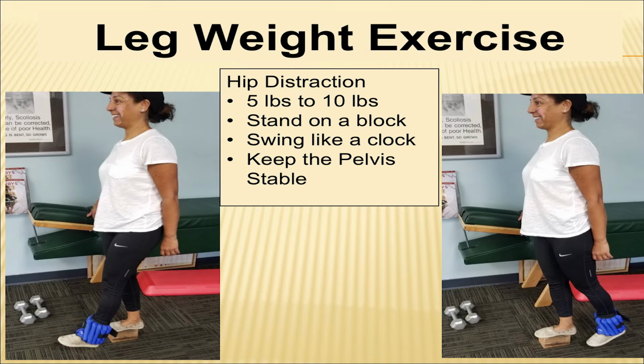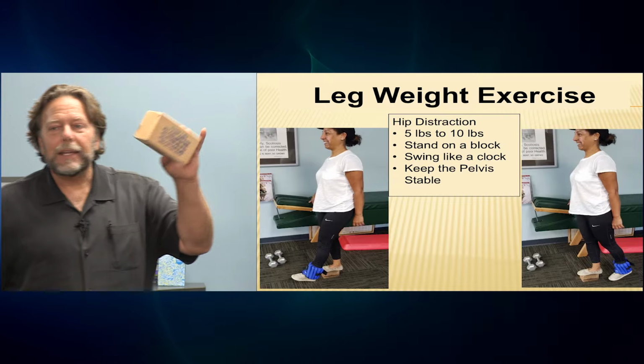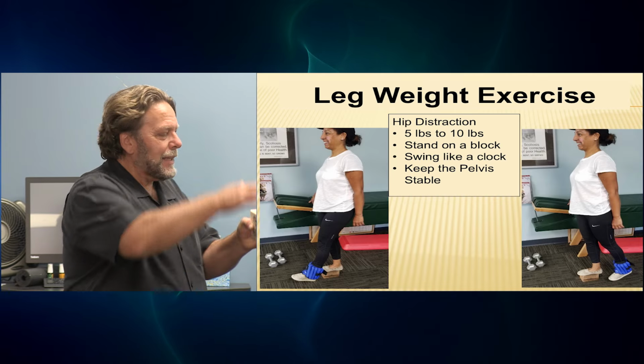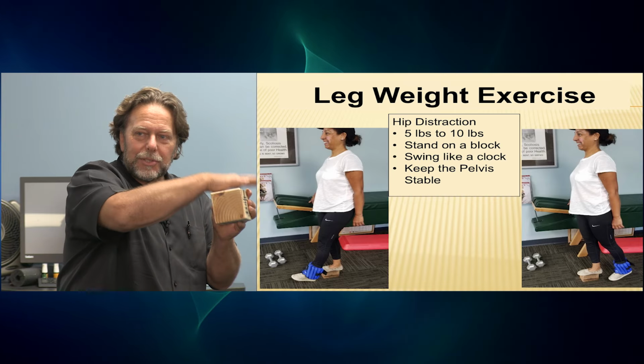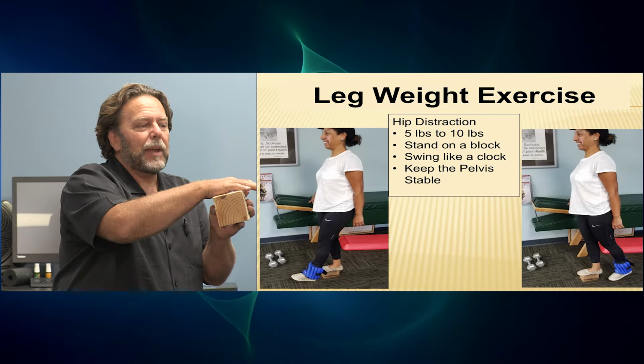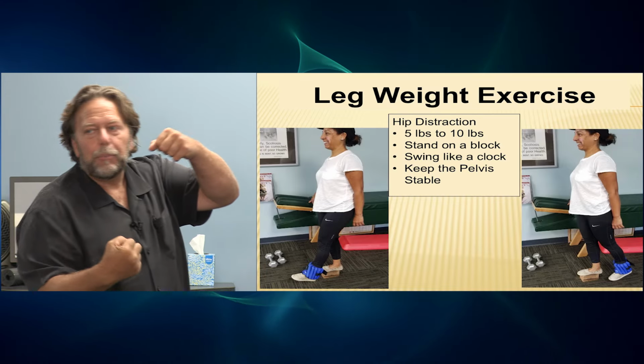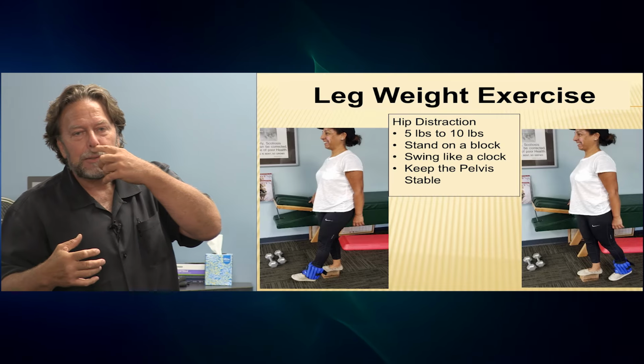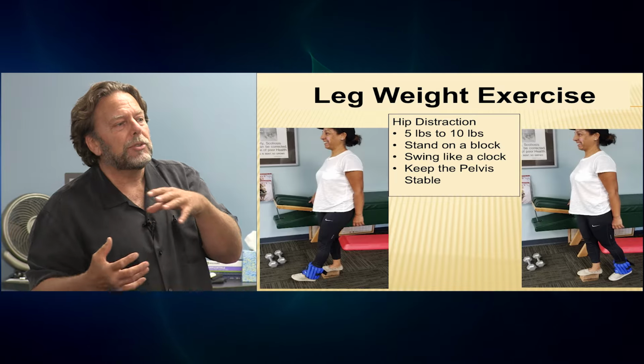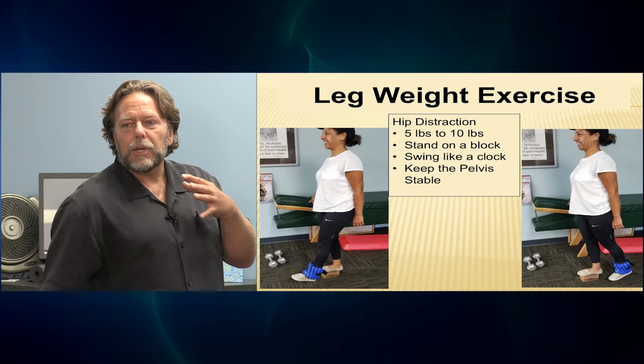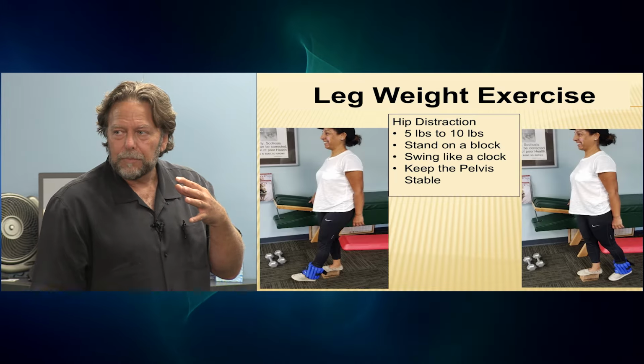Now, leg weight exercise, because one of the things that we're going to do, and you can see this block here, this model is standing on it using her foot, and she has a 10-pound weight opening up that joint. This is similar to the knee exercise. It's similar to the weight exercise we were talking about last week with the shoulder.